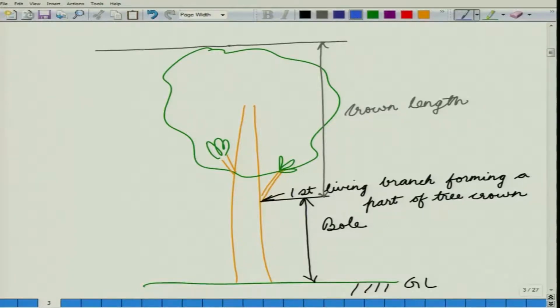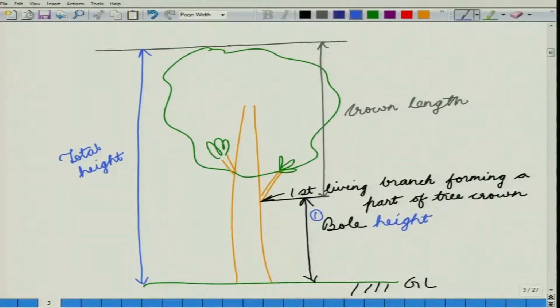Now, as we have seen previously, this is the total height of the tree. This total height is divided into two portions. One is the bole height, and the second portion is the crown length.